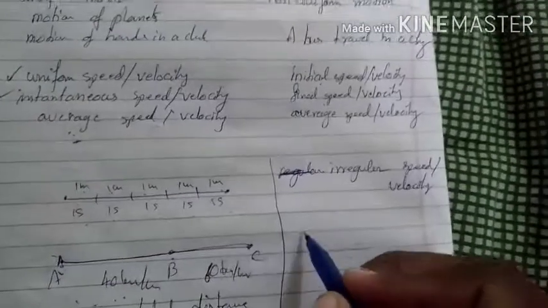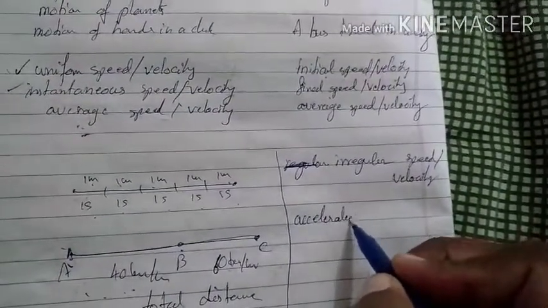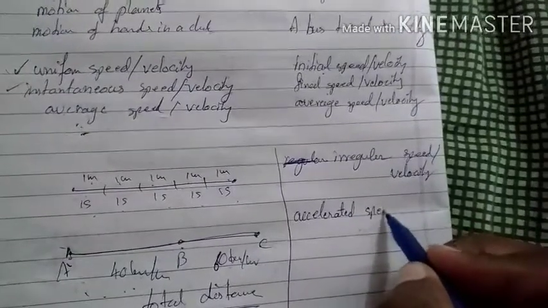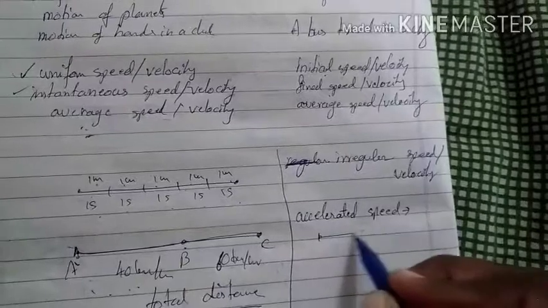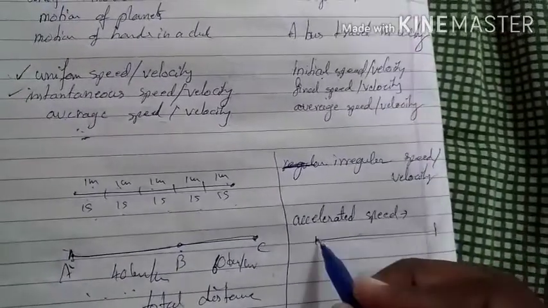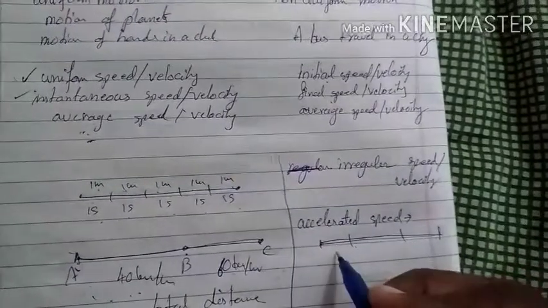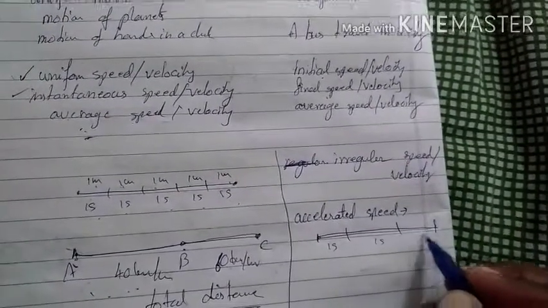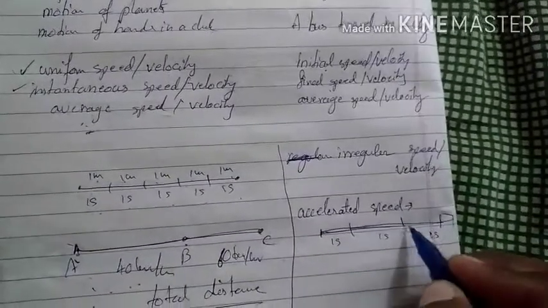But we have accelerated speed. With uniform intervals, that means regular intervals of time, the distance covered increases.